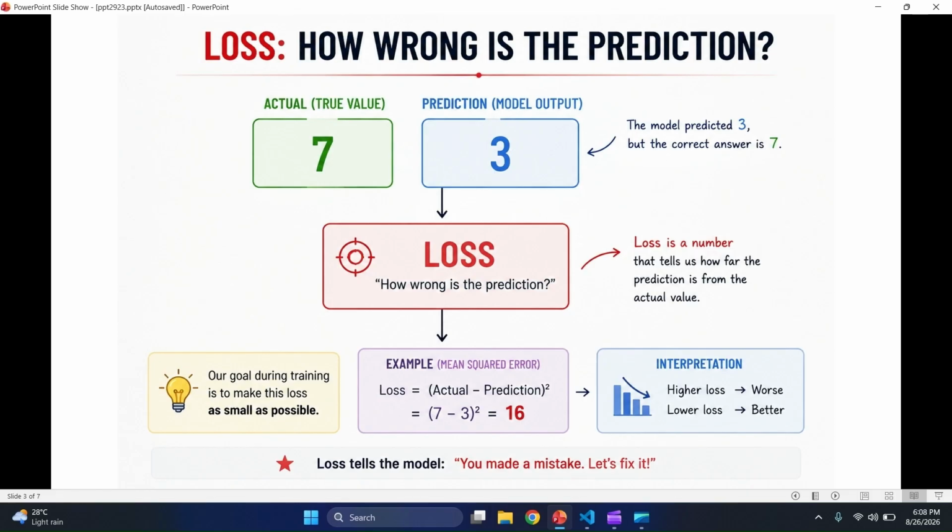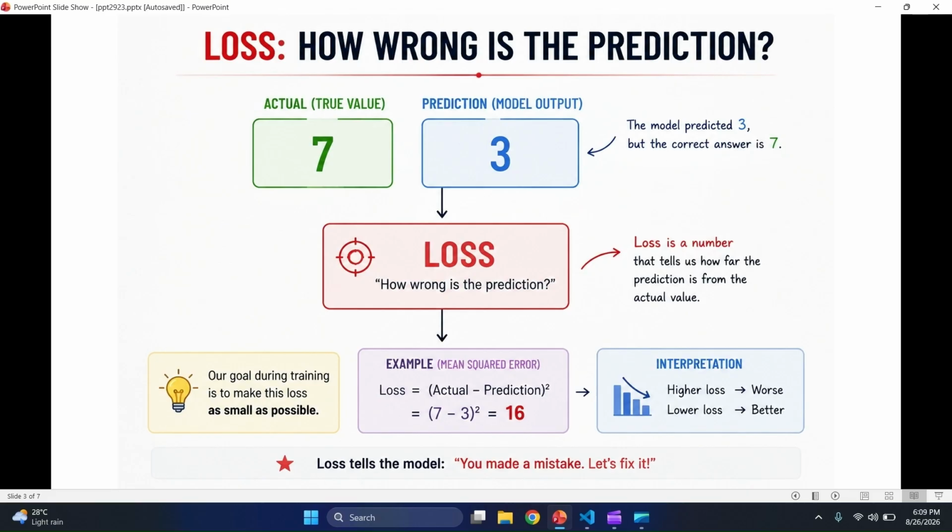For example, if we are using squared error, we take the difference between the prediction and the actual value and square it. I'm not going deep into the math here, okay? The main idea is that a higher loss means a worse prediction, and a lower loss means a better prediction. So during training, our goal is basically to make this loss much smaller.